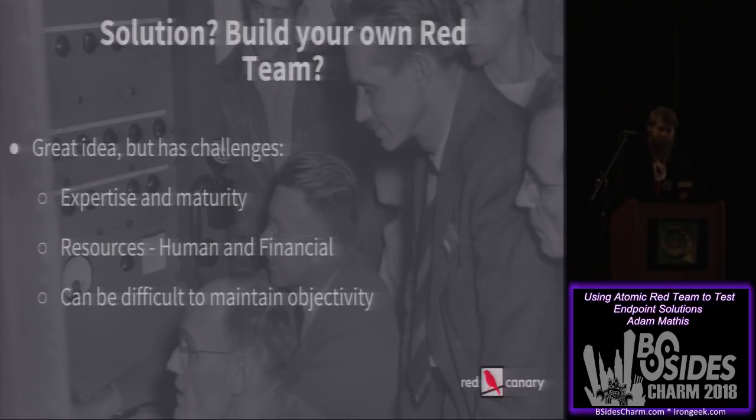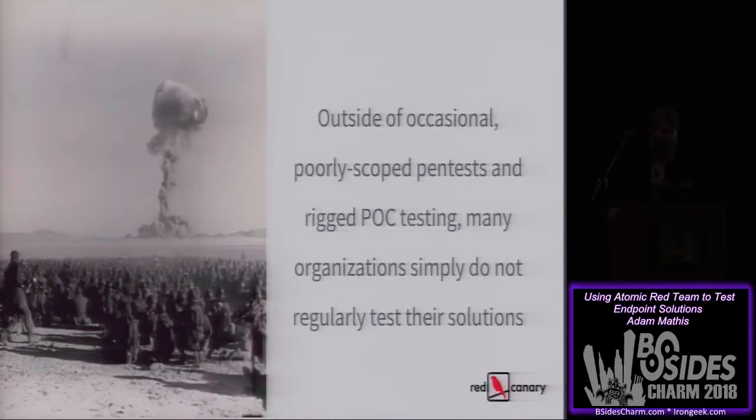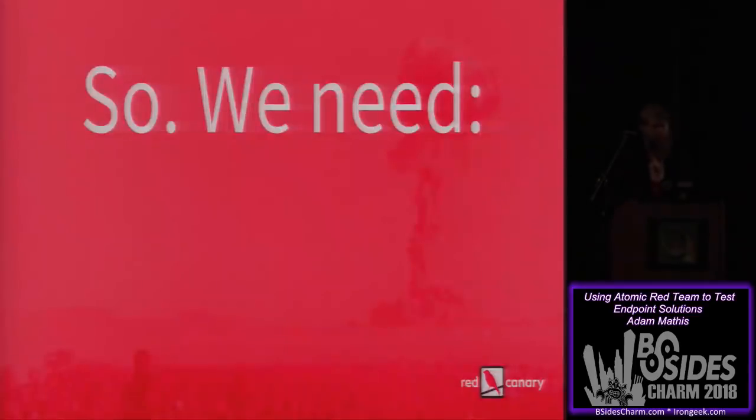So, where does this bring us? Outside of occasional poorly scoped pen tests and rigged POC testing, a lot of organizations just do not regularly test their solutions. So we need ongoing iterative testing.